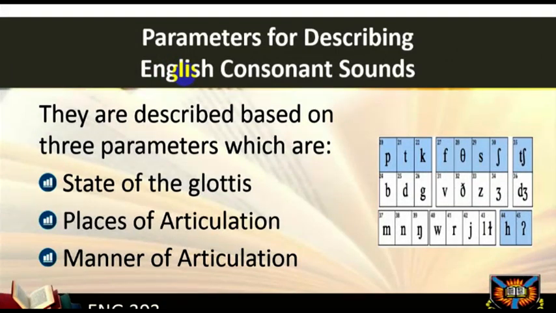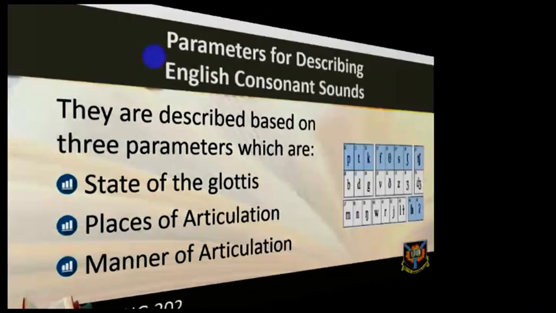Affricate: alveolar palatal, ch and j. Nasal: m; alveolar, n; velar, ng. Lateral approximant: l. Retroflex approximant: r. Glide: w; palatal, j. State of the glottis: voiceless, voiced.